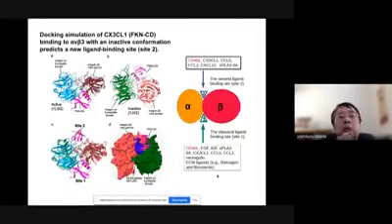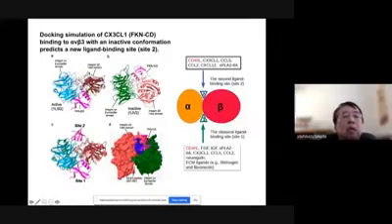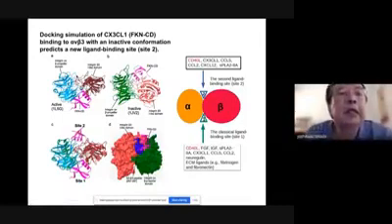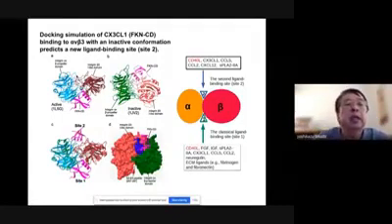Okay, this is what happened. So, docking simulation of this chemokine. In the case of active integrins, the chemokine binds here, the red one.